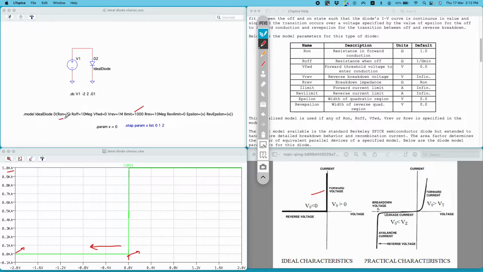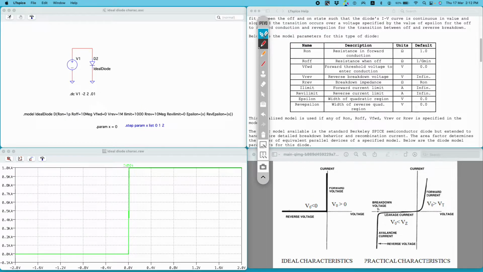So why did I set this R on to 1 pico ohm instead of 0 ohm? The reason is if you set it to 0, for some reason LTspice does not recognize it to be 0, and your characteristic will deviate from the ideal diode characteristics. Let me just show you.